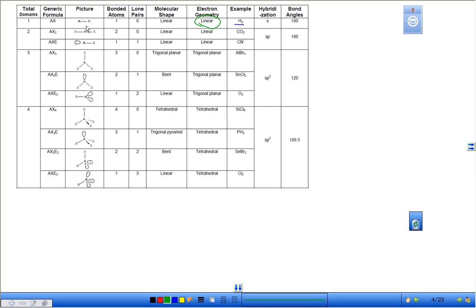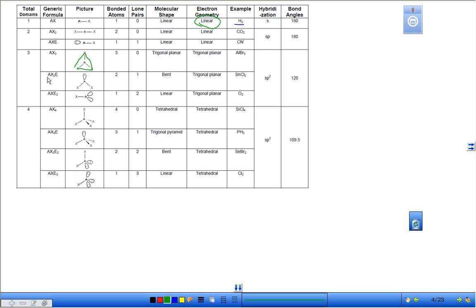And the carbon dioxide also follows suit. We'll skip over the AXE because that's back to linear. But we get down to the boron trifluoride that we had on the last screen. We have boron in the center with 3 things bonded to it. And so what we get is this triangle shape, so we'll call it trigonal planar.